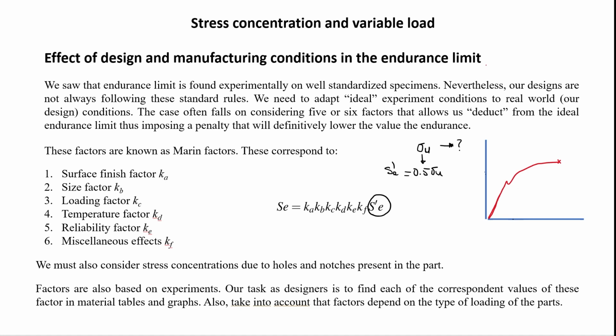So we know that at this point here, you're going to have the yield strength of the material, meaning that after that, the material is going to deform plastically. And then you have this one here, which is going to be the ultimate strength. And we say that if the stresses applied are larger than this one, this is going to break.